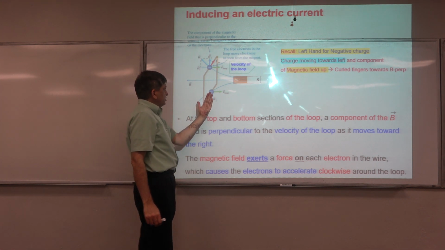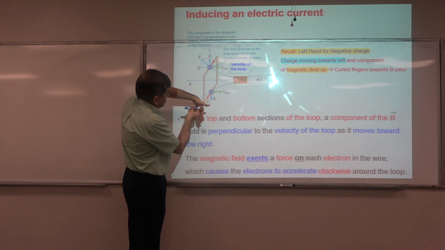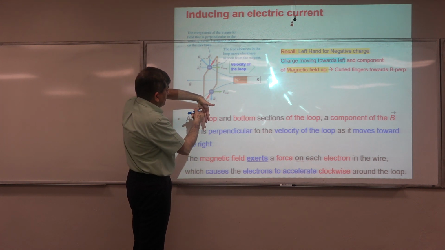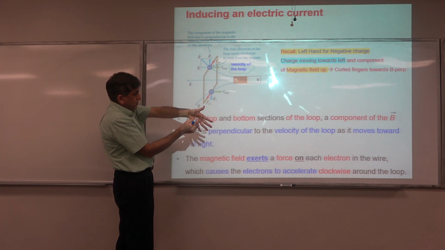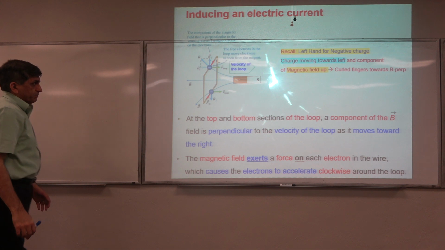Now the same thing when I look at this. The magnetic field is down, the moving charge is this way, so the force is outward. So here the force is outward, here the force is inward. Alright?